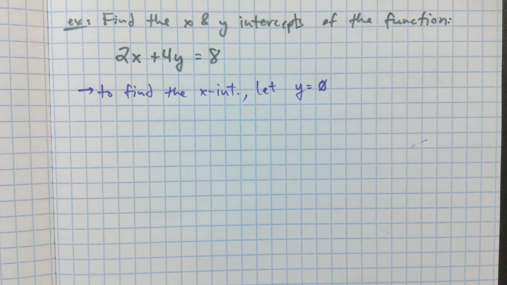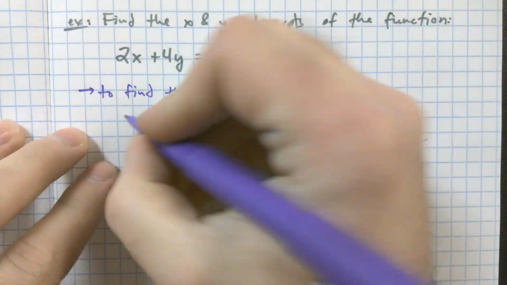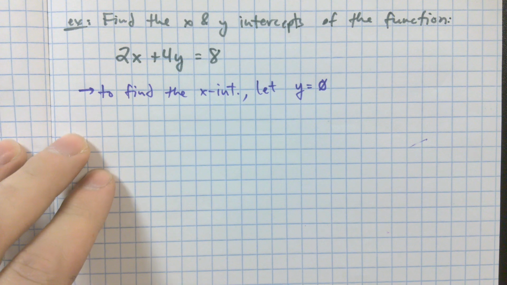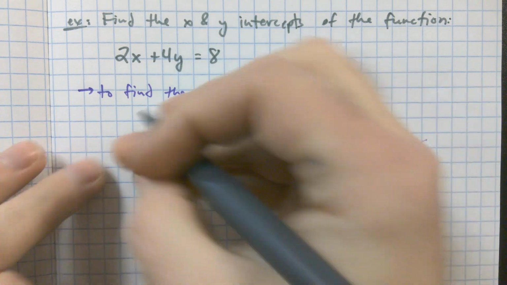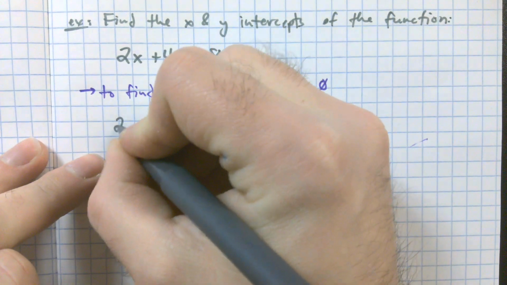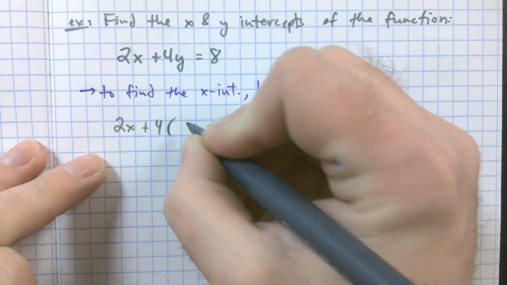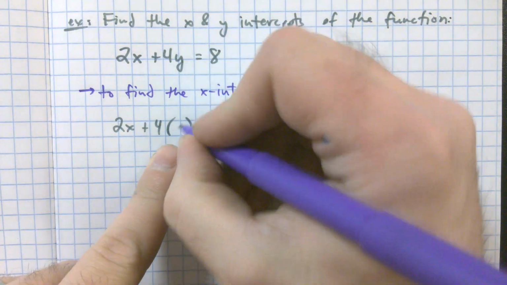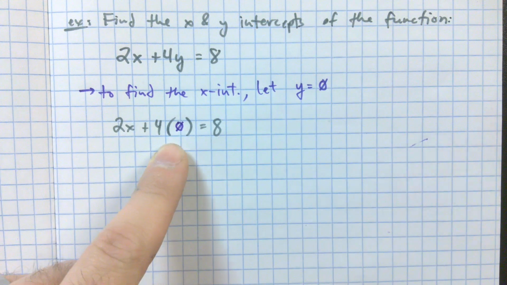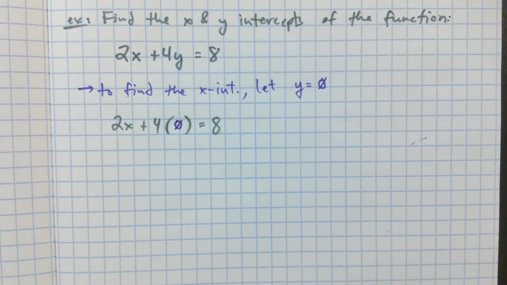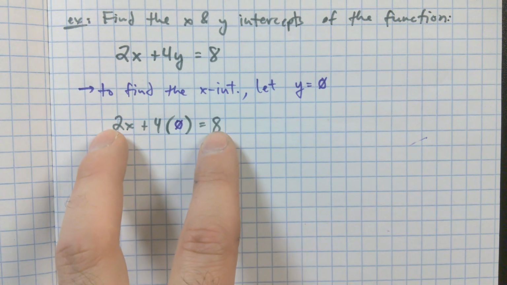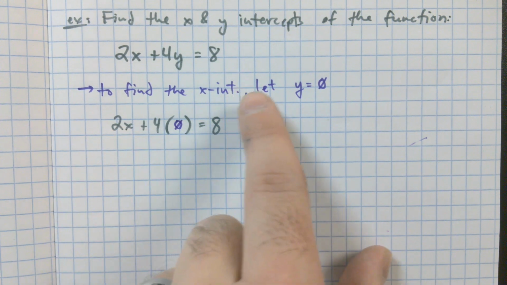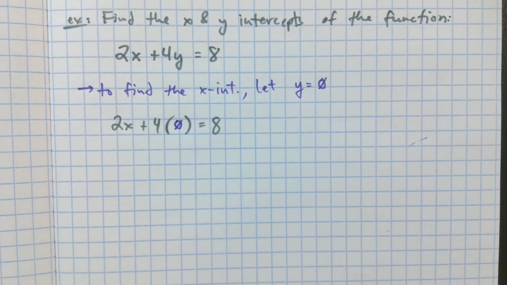Let's see what that looks like. I'm going to take my equation, 2x plus 4. My y is going to come out, and a 0 is going to go in its place. That's what it means to let y equal 0. Exactly like the warm-up, we're evaluating this function for x when y is equal to 0.